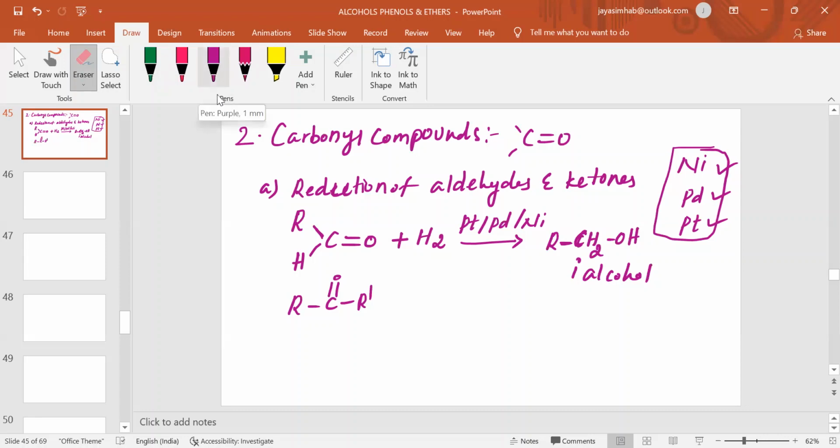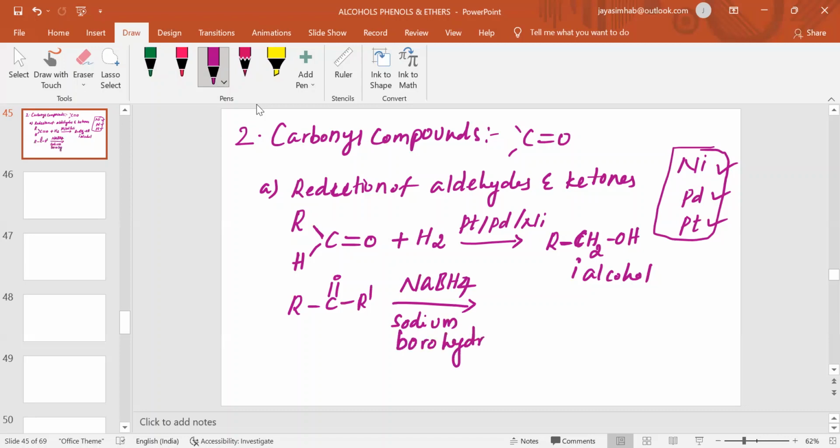Reduce this ketone in the presence of a reducing agent, sodium borohydride, NaBH4. So this is the reducing agent. Sodium borohydride is one of the reducing agents.